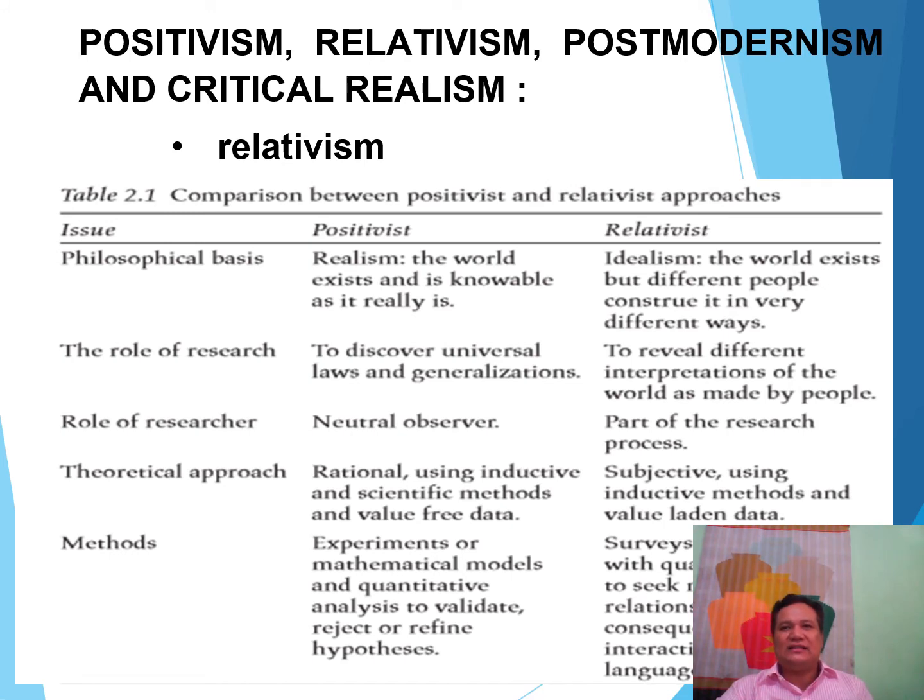In relativist, idealism, the world exists but different people construe it in very different ways. The role of research: to discover universal laws and generalization, but in the other one, to reveal different interpretations of the world as made by people. Role of researcher: for positivist, neutral observer, but in relativist, part of the research process.